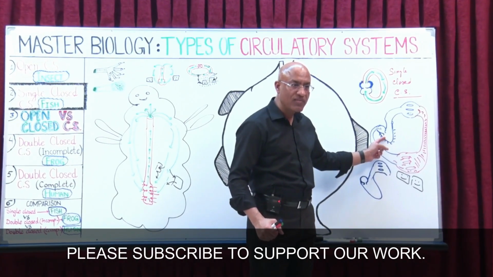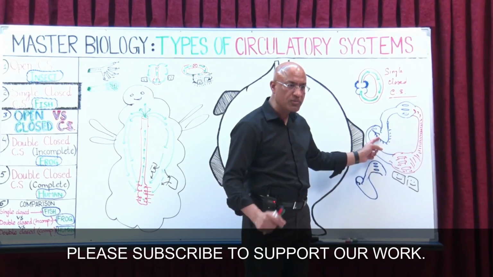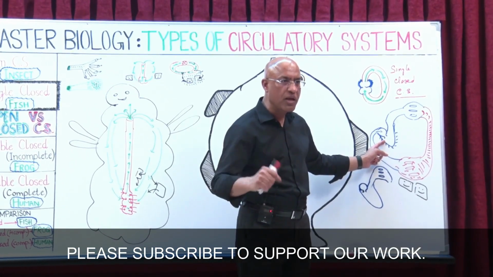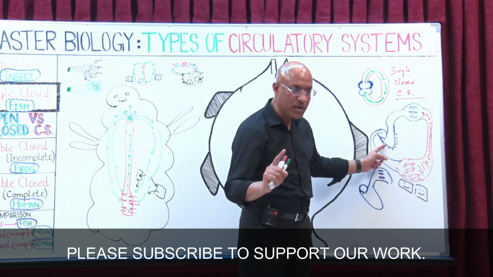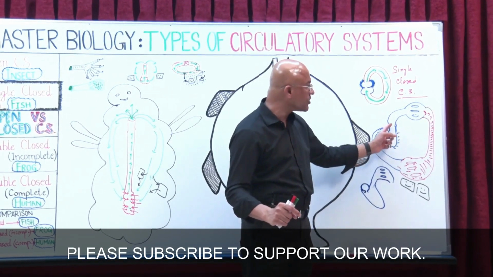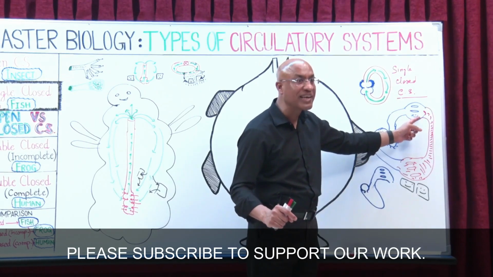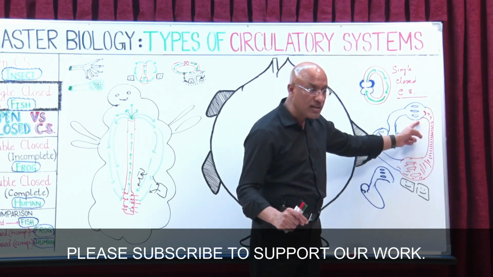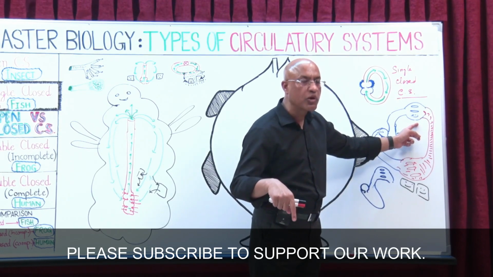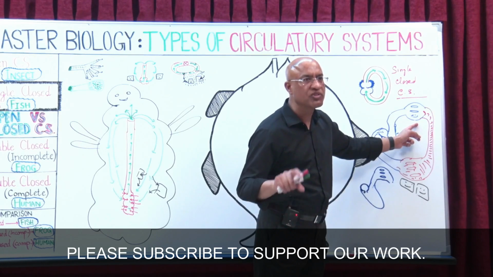The answer is that this closed circulatory system is the simplest circulatory system. Even though it is better than the open system, it is not perfect, because once the blood is pumped by the ventricle and reaches the capillary system in the gills, there of course it makes the oxygen gas exchange but loses the pressure and loses the speed.